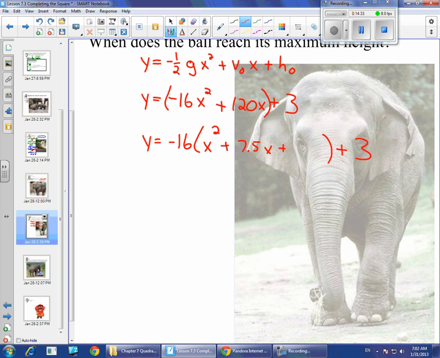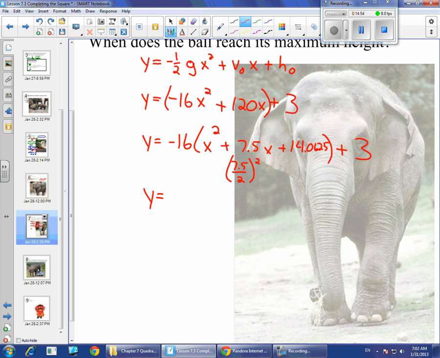Okay, now what in the world do you add on inside of there? Same thing as before, take your 7.5 divided by 2 and square it. That ends up being 14.0625.